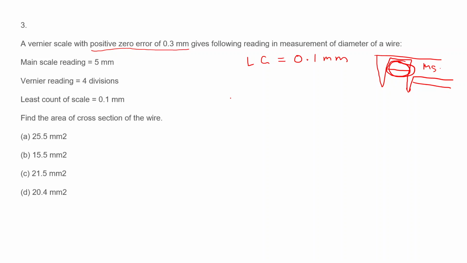Now we know the formula that if we want to get the total reading, it's main scale reading plus the number of vernier scale divisions times the least count, plus zero error.